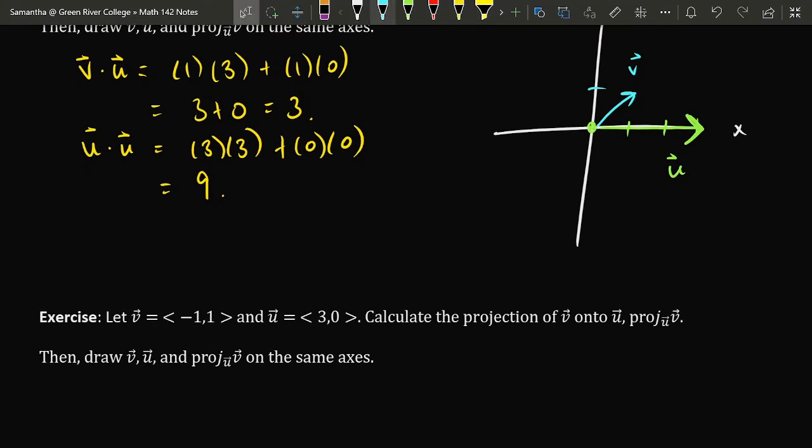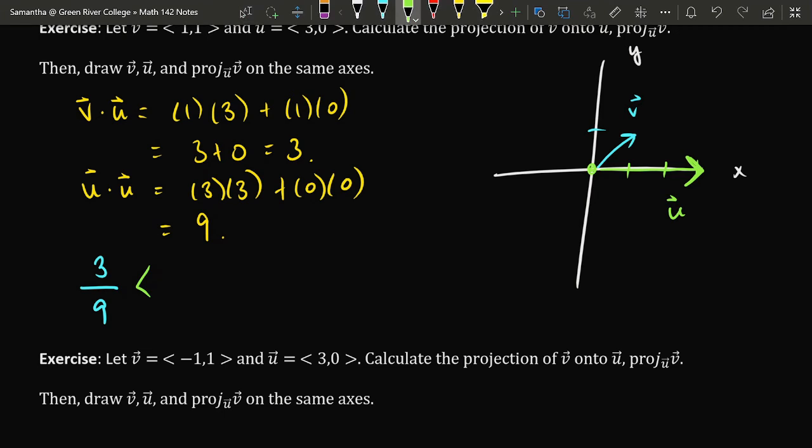So now, let's take the number 3 divided by 9, v dot u in the numerator, u dot u in the denominator, and use that to scale the vector u that we are projecting onto. So that's 1/3 times 3, 0, which is the vector 1, 0.